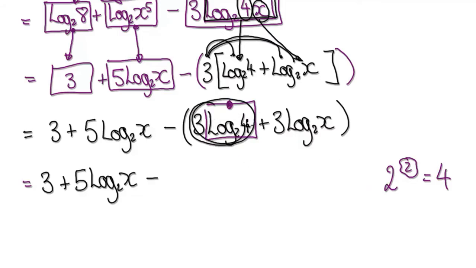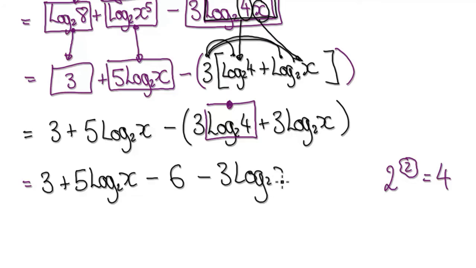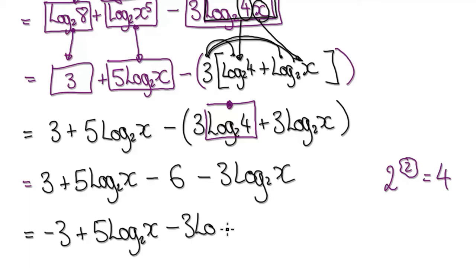This whole thing here would be 6 minus 6, and then minus 3 log base 2 of x. And then single number, merge them together. That would then give us negative 3 plus 5 log base 2 x minus 3 log base 2 of x.